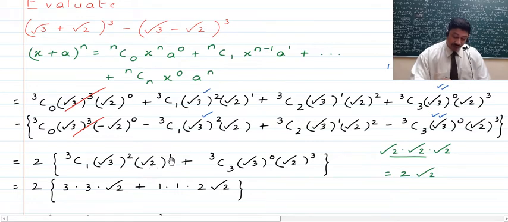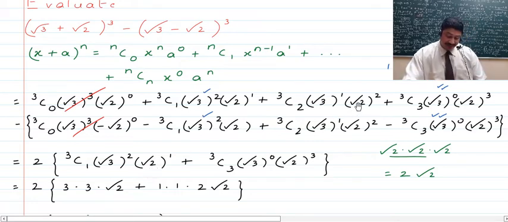Then when we talk about the next terms, they are ones which will again get cancelled, as we get to see here that we will have one with a plus sign, and the other with a minus sign. As this minus sign will get multiplied inside, we will now have here minus 3c2, just like this above term, root 3 raised to the power 1 times root 2 raised to the power 2.